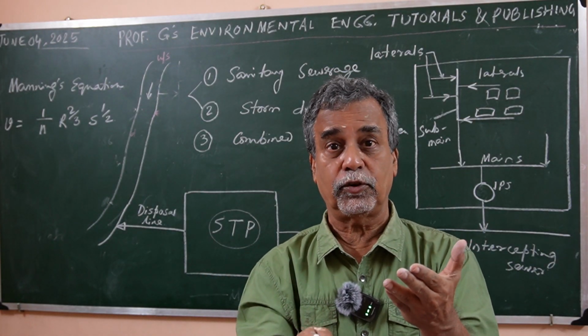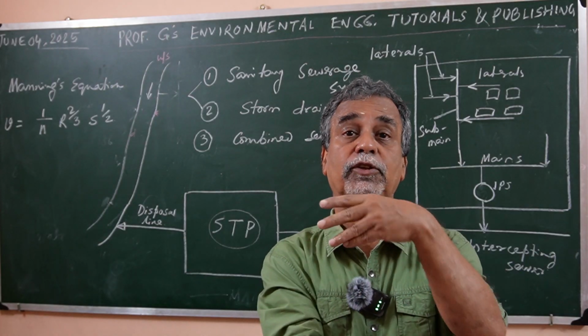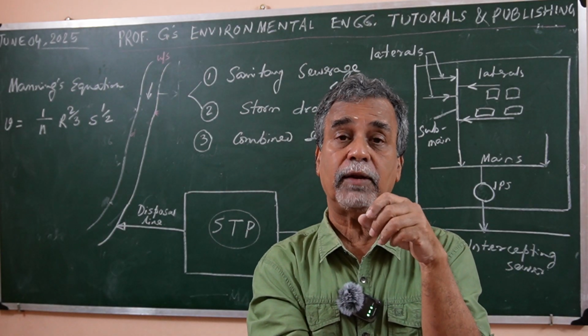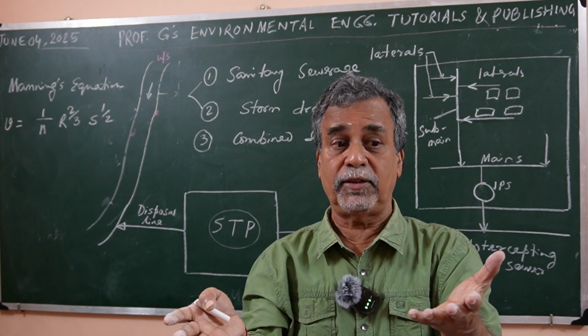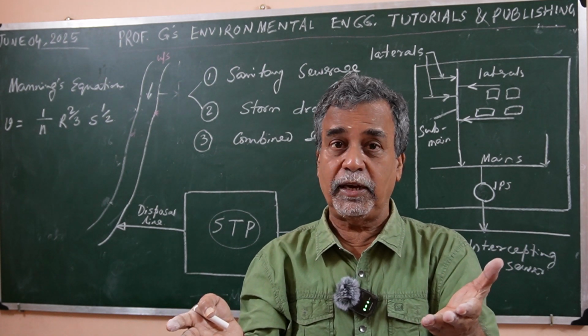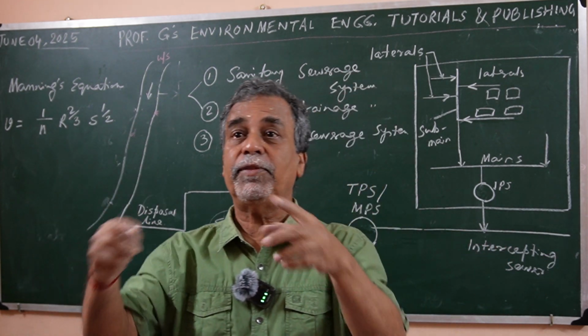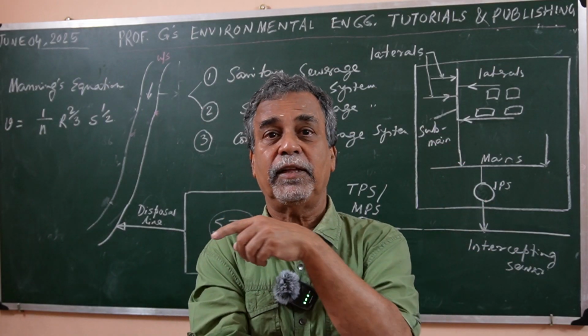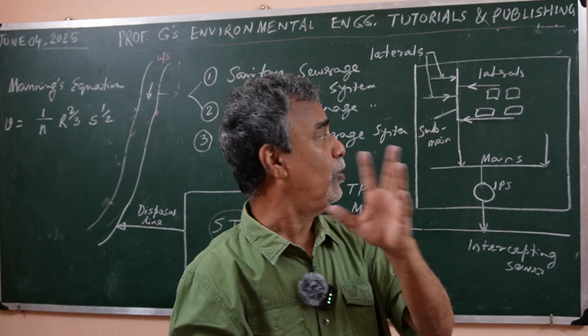The surface flow from the rain will also join. So this is difficult, because it will be unnecessarily large; during the monsoon period it will be needed, but during other periods, the bigger pipeline will be carrying very low flow.